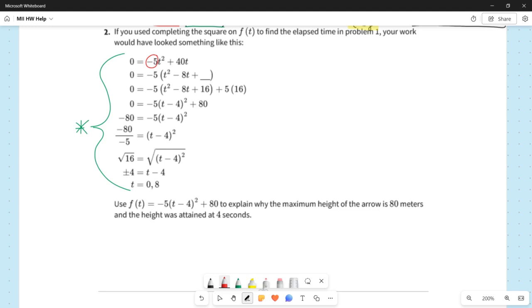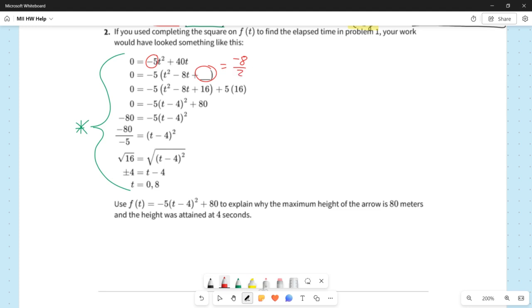Now we have to factor out that negative 5 from 40 as well. When you factor out a negative 5 from positive 40, you're left with negative 8. And then we know that when we're completing the square, we have to add something. So we've left open a spot for whatever the something is. The something that we want comes from our coefficient on t, which is negative 8.